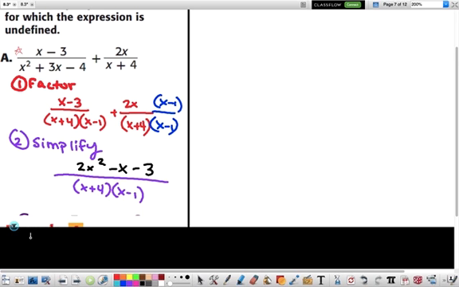You're not done because this factors. And you need to check if it factors to see if you can cancel something. So you need to remember how to factor this guy. So talk amongst your groups real quick and remember how to factor this top guy and factor him for me. So factor the top guy.